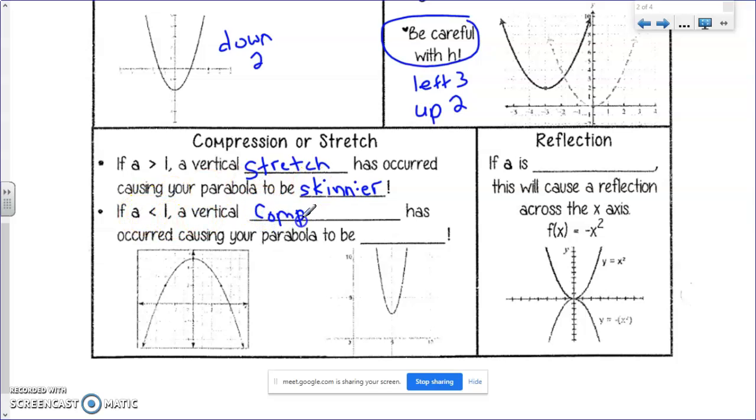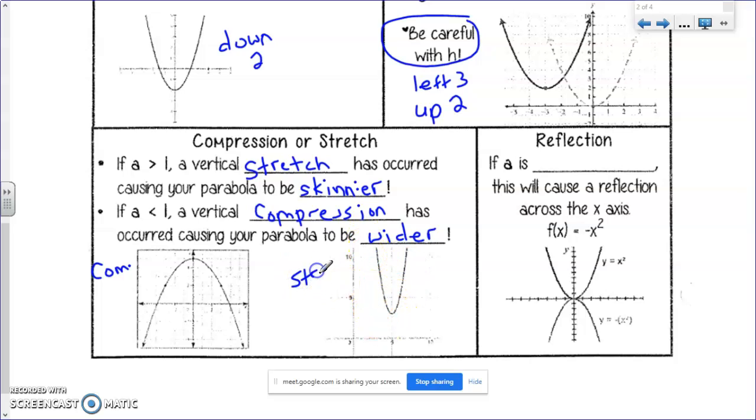When you press down on something, it normally gets wider. Or sometimes you'll see the word fatter. Okay, so in this part right here, has it gotten wider or skinnier? Wide. So this one is a compression. And this one here is a stretch.